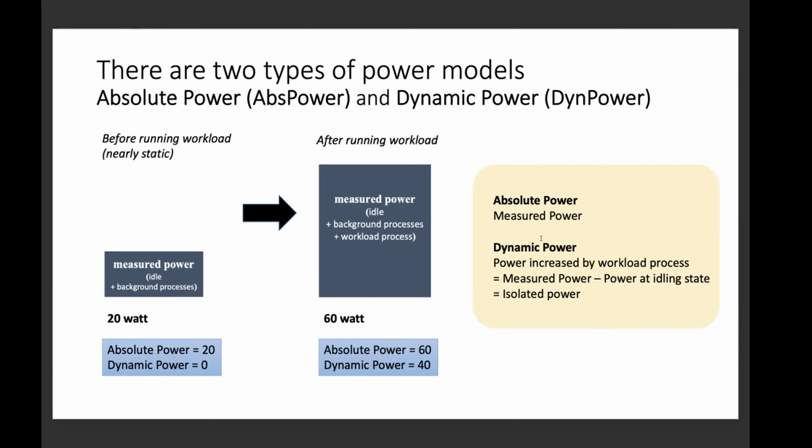Because we compute the dynamic power, the simple way is the measured power minus the power that we measure at the idling state. So the increased power is what we call dynamic, and it should be associated with the workload that we just added to the system. We also call it isolated power, because we isolate part out to get only the dynamic part.